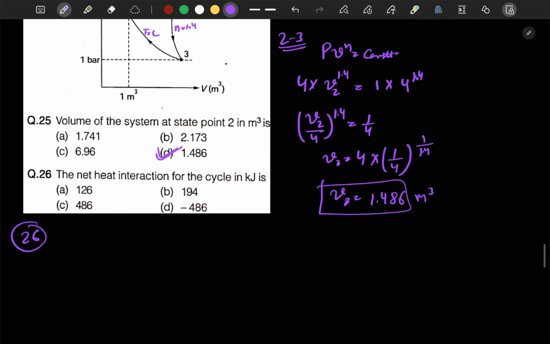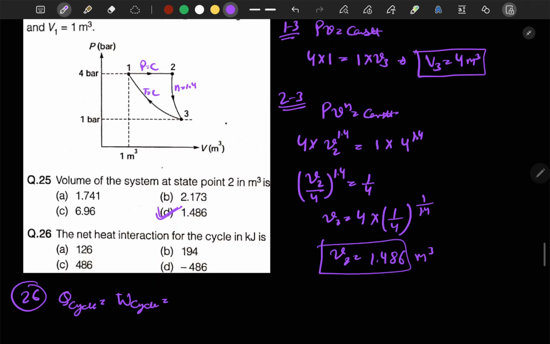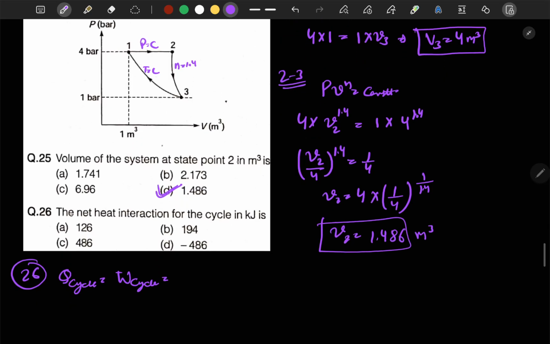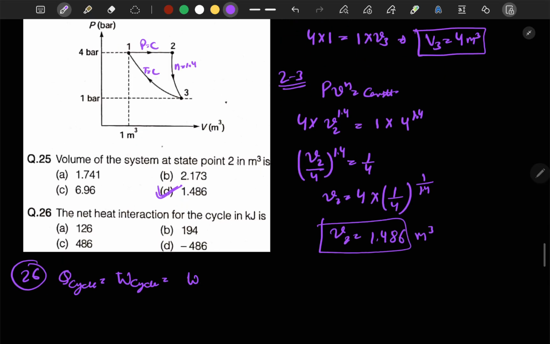So Q cycle is equal to W cycle. We can calculate it by adding it all: work done from 1 to 2 plus work done from 2 to 3 plus work done from 3 to 1.